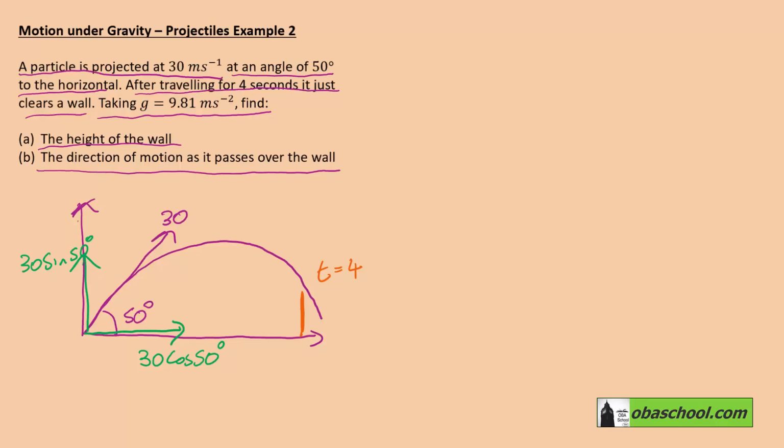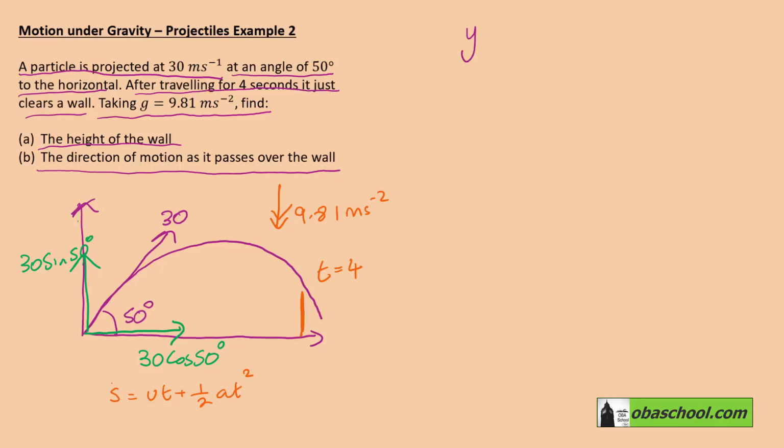Now if we consider first of all that the acceleration due to gravity is 9.81, then think about the vertical displacement. Here we're going to use s equals ut plus a half at squared.